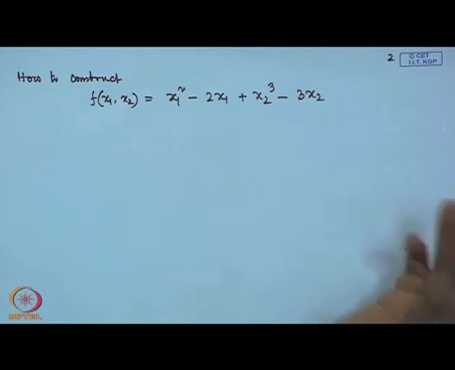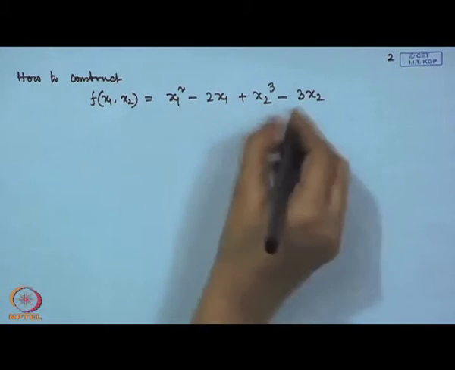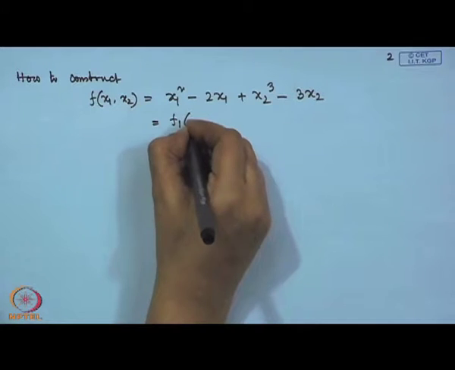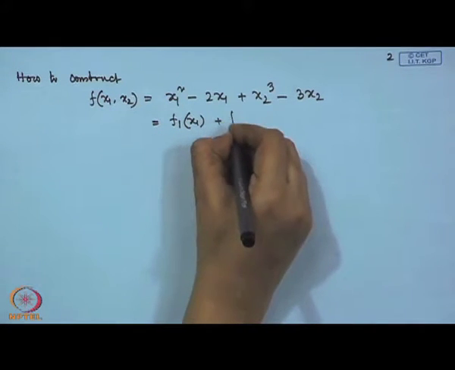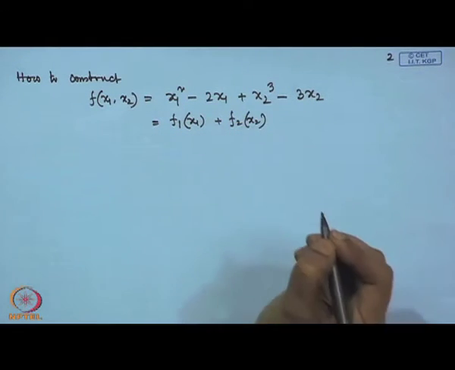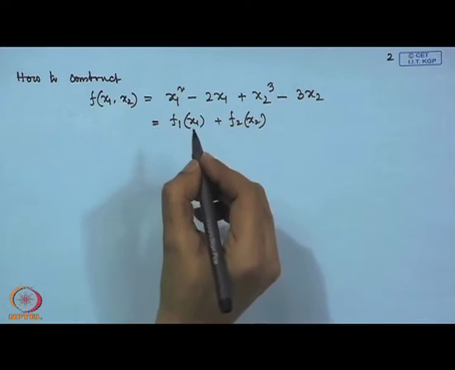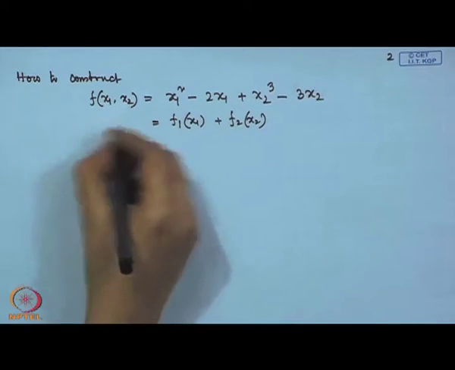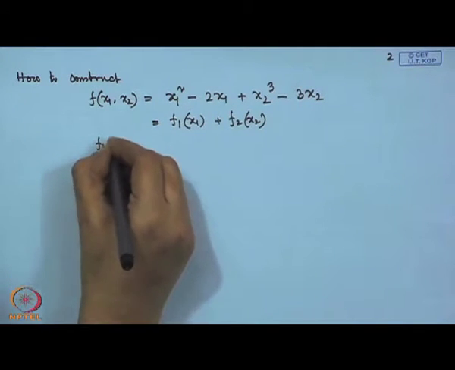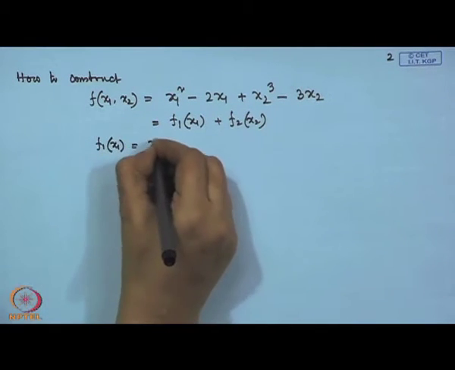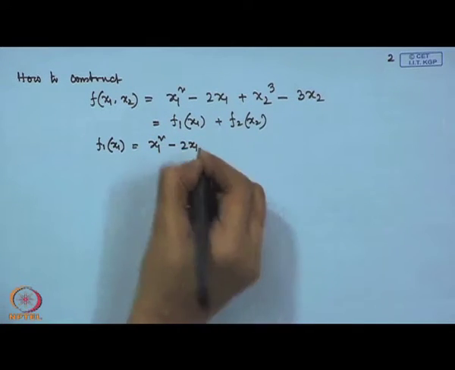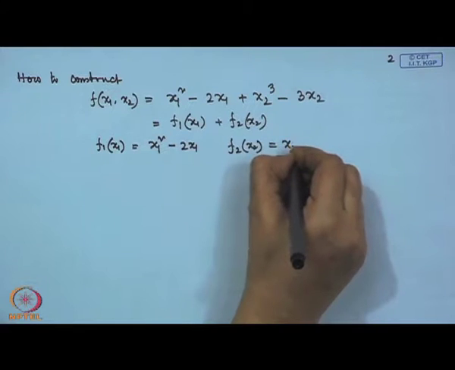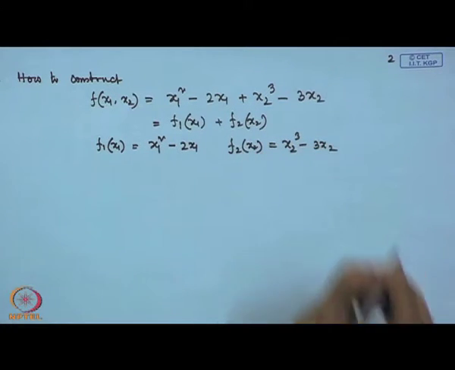This is a function of two variables. We can write this function in the form f1(x1) plus f2(x2) very easily, because we can separate the functions, where f1(x1) is equal to x1 square minus 2x1 and f2(x2) is equal to x2 cube minus 3x2.